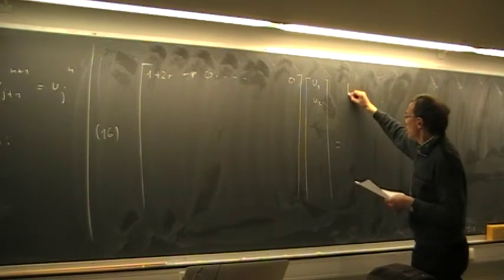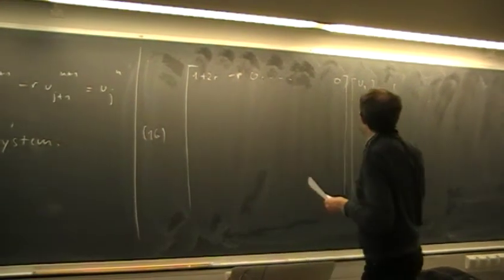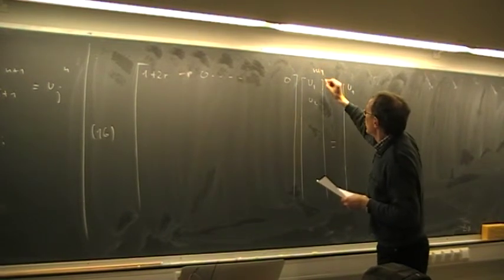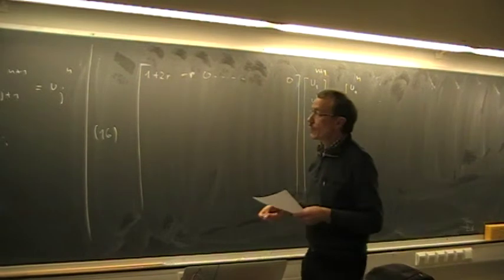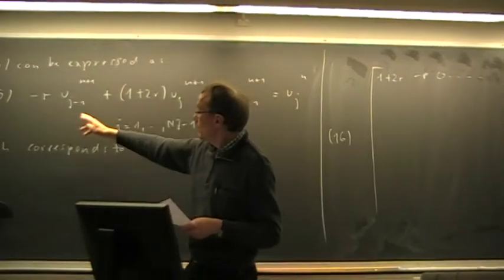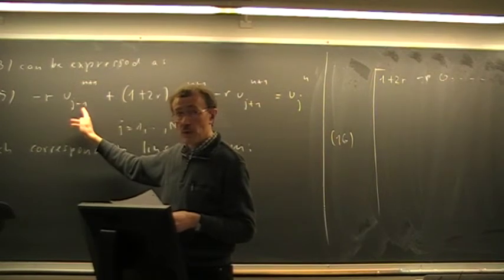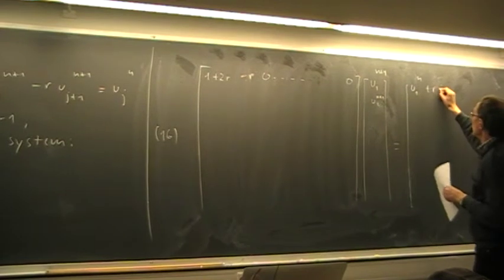On the right-hand side, we have the u1 at the old time level. By the way, this is at the new time level, of course. And we have said we want to move this over, which gives plus r times u0, which is ua, the boundary condition.